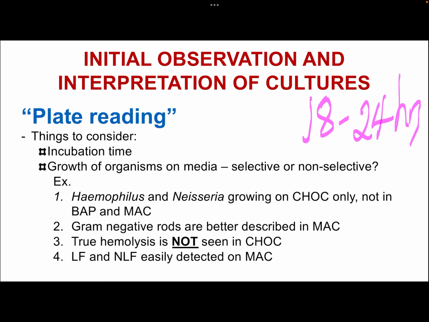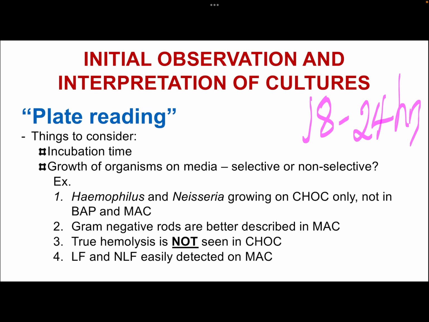Another thing, the growth of organisms on the media should also be observed. Is it only growing in BAP, or is it growing both in BAP and in MAC, just like in our sample problem? So you have 3 colonies in blood agar plate, and you only have 2 colonies in MacConkey.